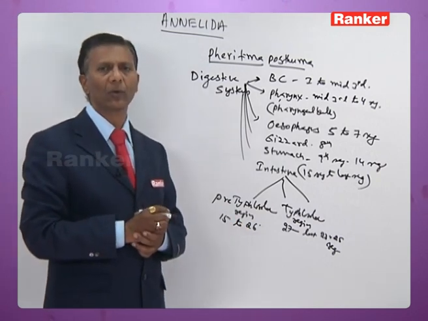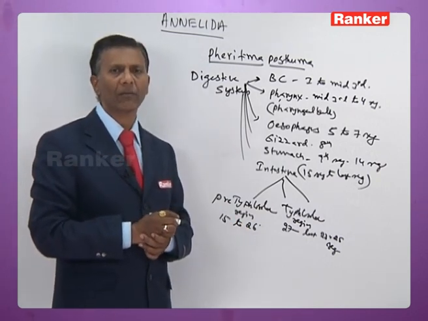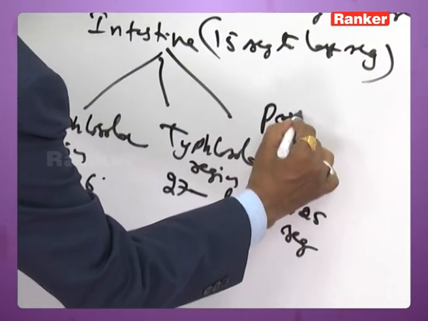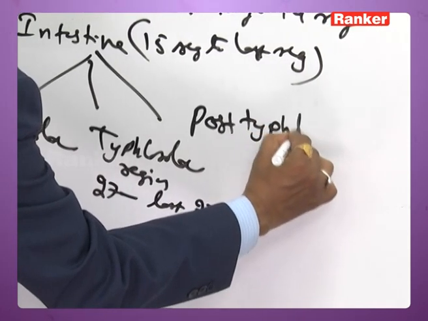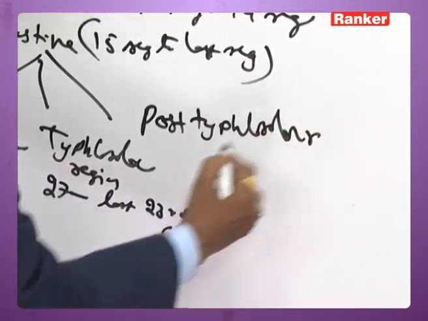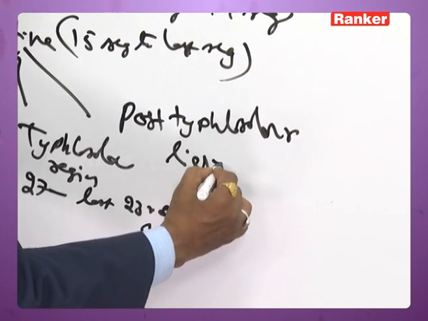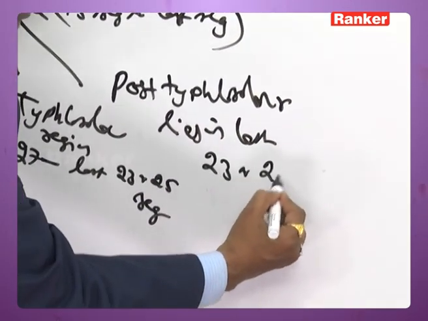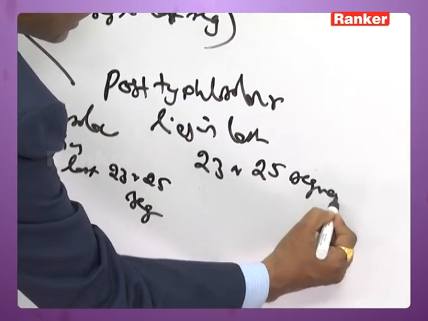The typhlosolar region has a typhlosole that enhances the rate of absorption of food. Then you have the post-typhlosolar region, which lies in the last 23 or 25 segments.